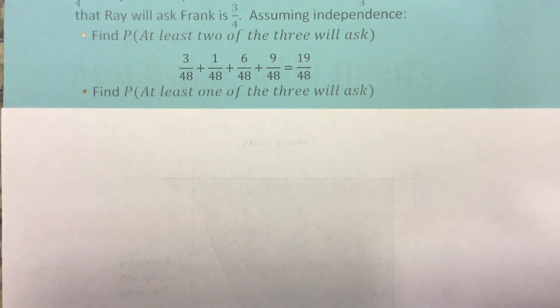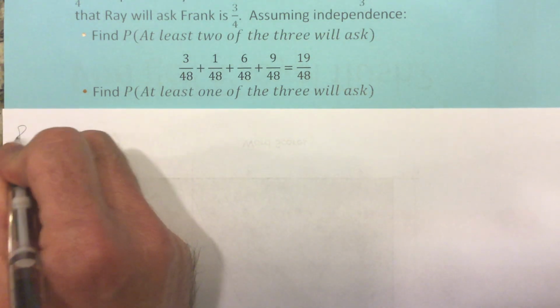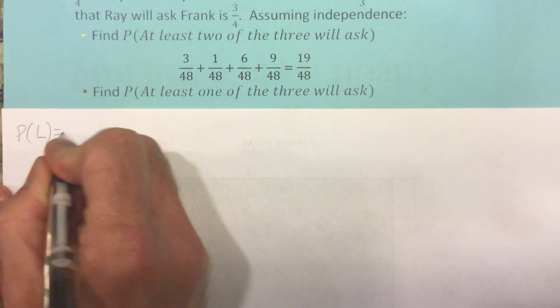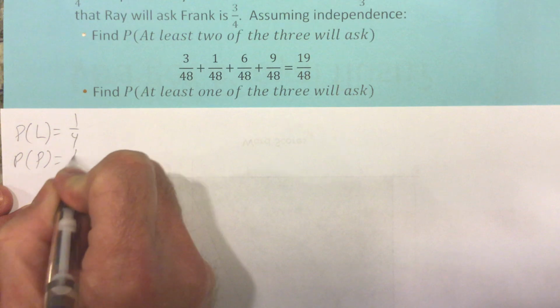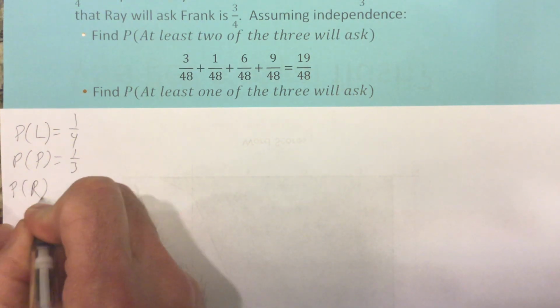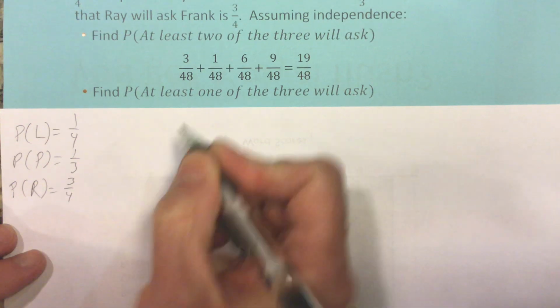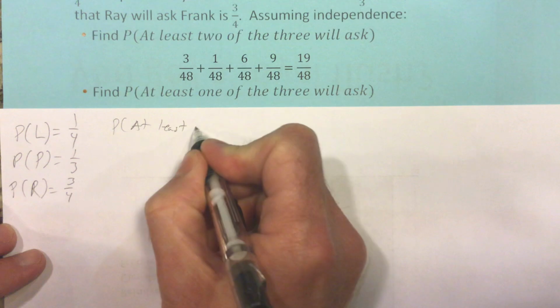Let's find the probability that at least one of the 3 friends ask. Okay, so again, let me copy down the basic info. All right, probability at least 1.